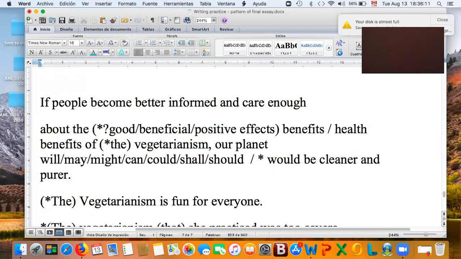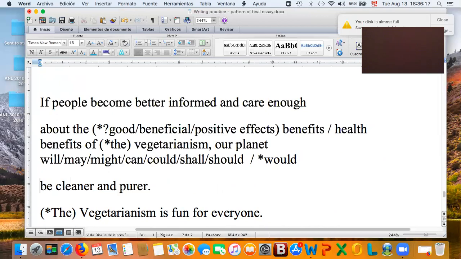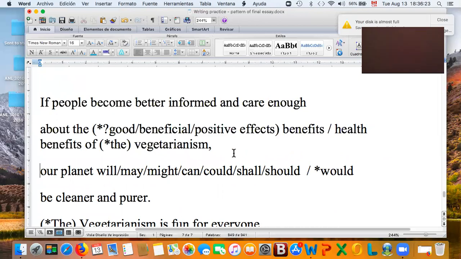Would is the only one that can't go with the real conditional. Let's set it out here so you can see it. Our planet will, may, might, can, could, shall, should, but not would, be cleaner and purer.